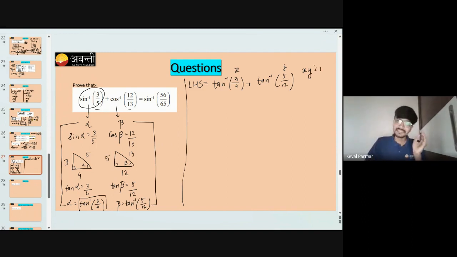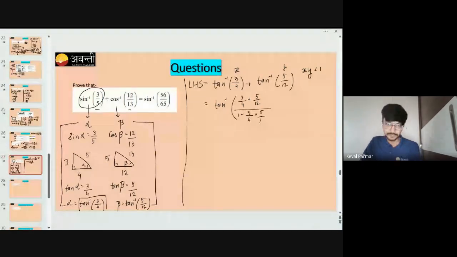So if it is less than 1, the formula will be the first one, which is tan inverse of (x plus y) upon (1 minus x into y). I hope it's clear.